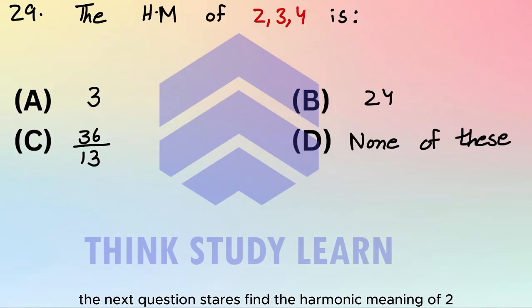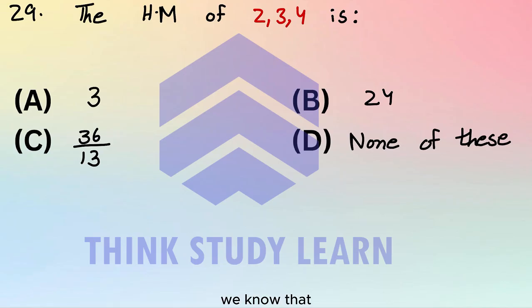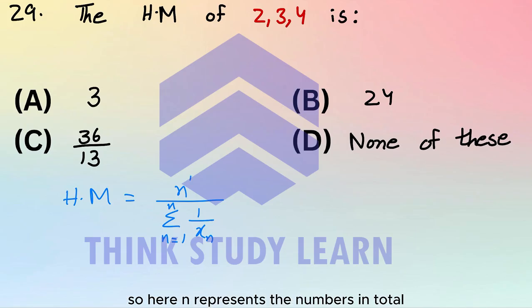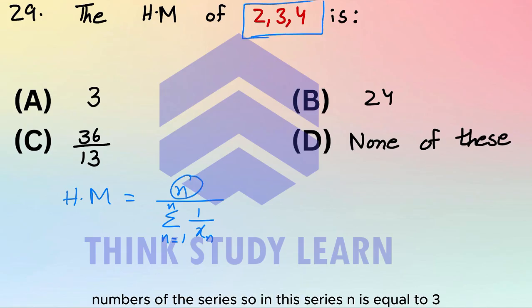The next question states, find the harmonic mean of 2, 3 and 4. So we know that to find the harmonic mean of any numbers, we have the formula, which is n over summation n is equal to 1 up to n, 1 over x to the base n. So here n represents the total numbers in the series. So in this series n is equal to 3.